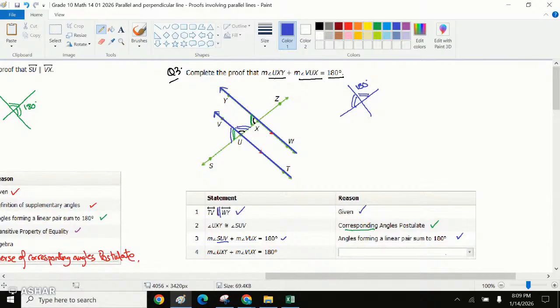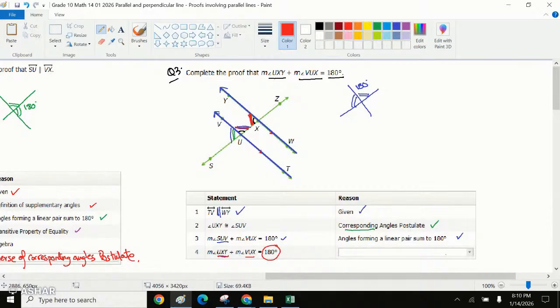Agreed? So we need to look at the last condition, and give a reason for that. Let's see over here. UXY, this angle, plus VUX, these two angles are equal to 180, right? So what is the reason for that?